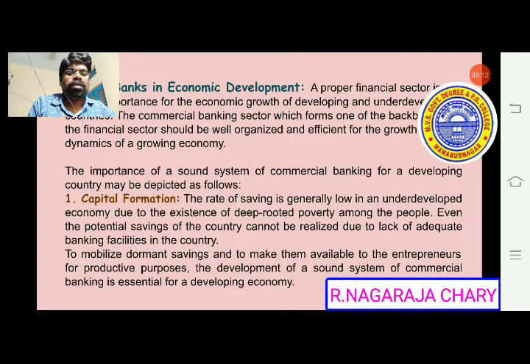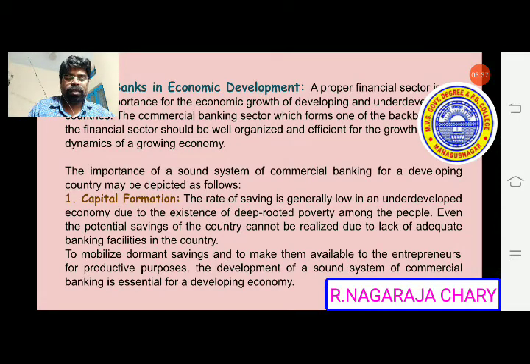Even the potential savings of the country cannot be realized due to lack of adequate banking facilities. To mobilize dormant savings and make them available to entrepreneurs for productive purposes, the development of a sound system of commercial banking is essential for a developing economy.